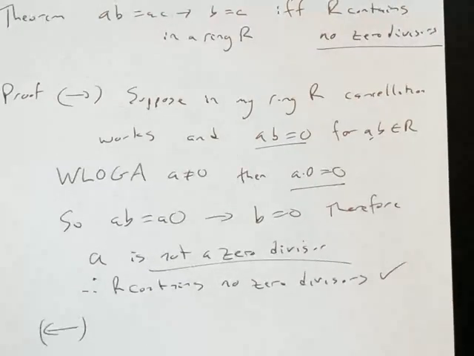What do I want to try and show here? Suppose that R has no 0 divisors.